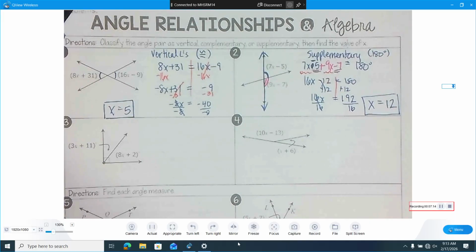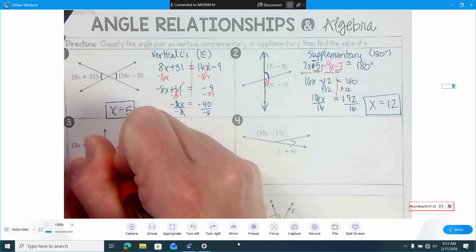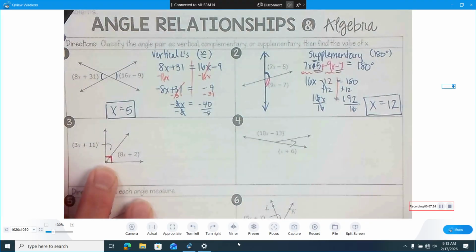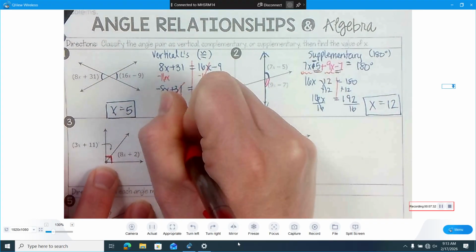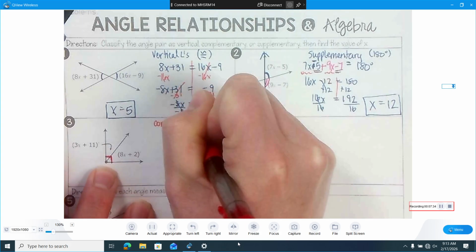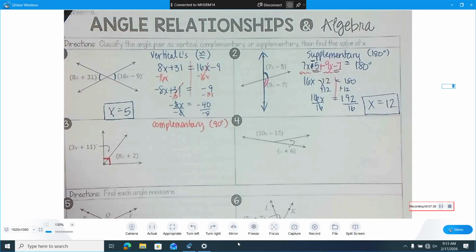Good, good, good. All right, what do you notice about number 3? They're complementary. Yeah, we have this box here that tells us what? It's a right angle. Then a right angle measures 90 degrees. So these are called complementary. And that means that they add up to be 90 degrees.